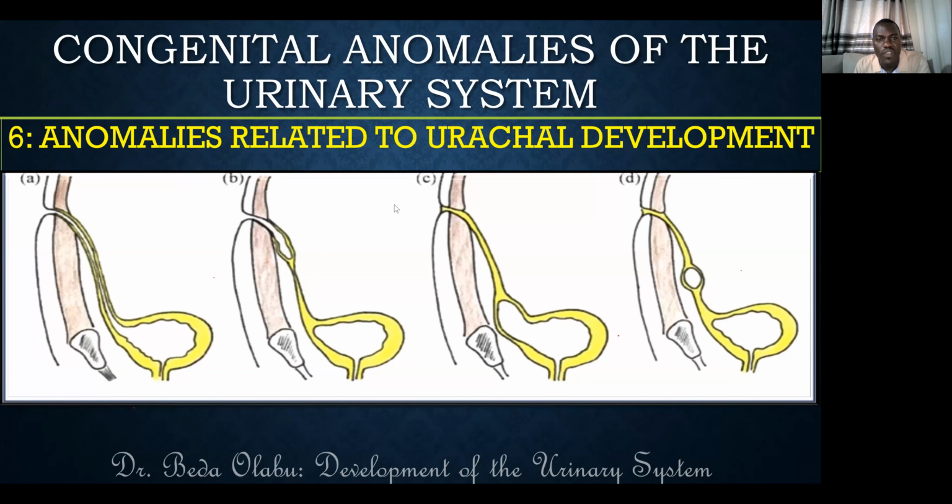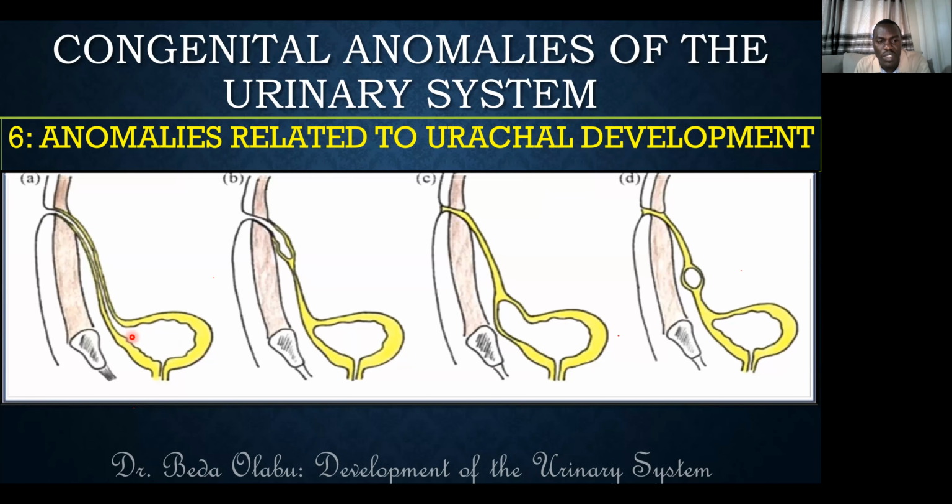Okay, then we have malformations related to development of the urachus. Remember, the urachus is a remnant of the allantois that is supposed to then involute. So in this first one, the urachus is persistent completely.